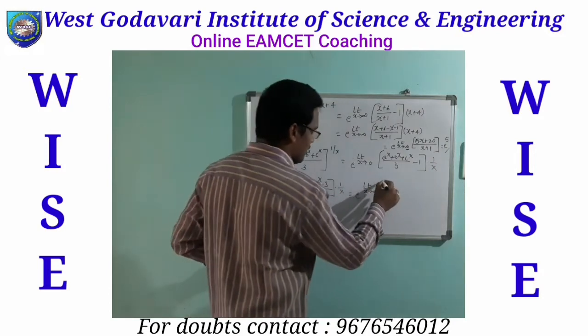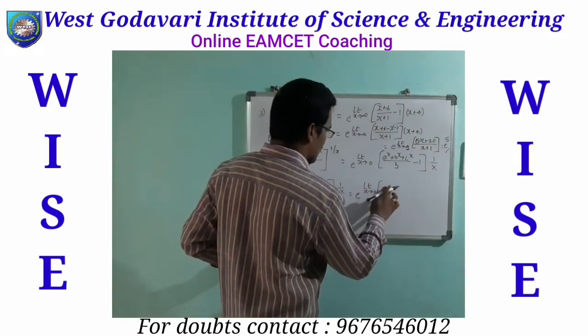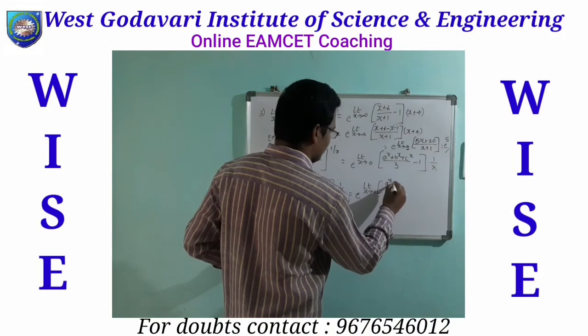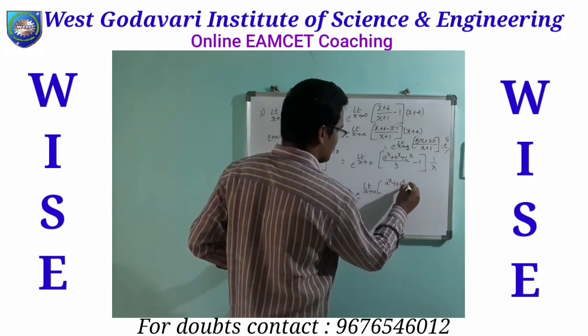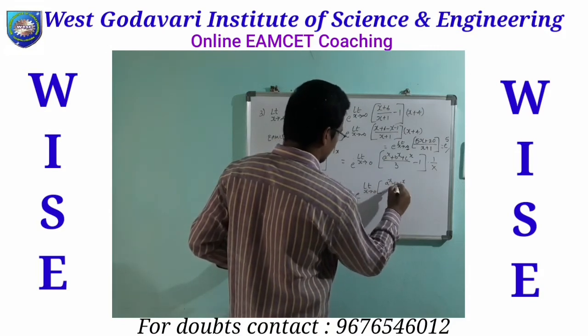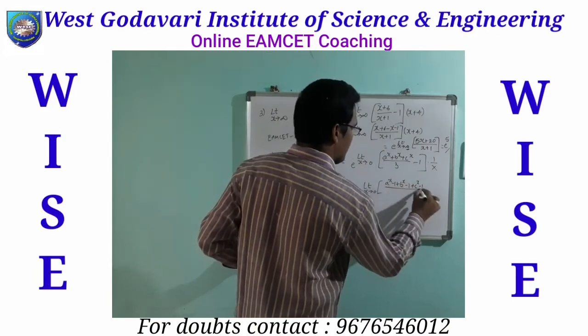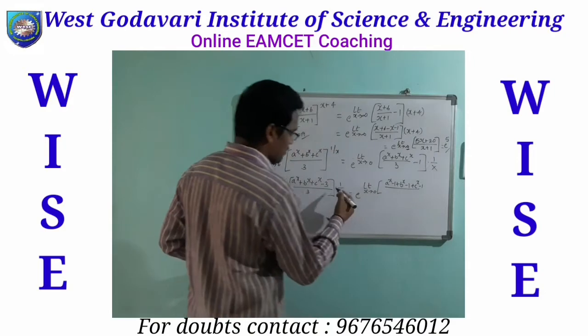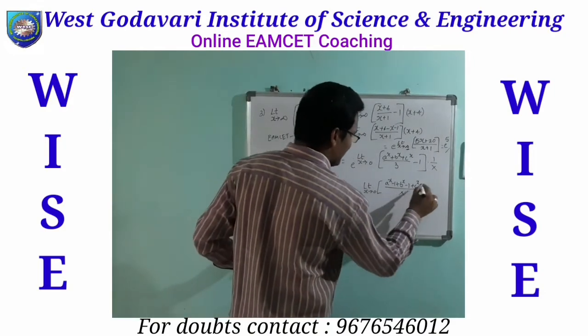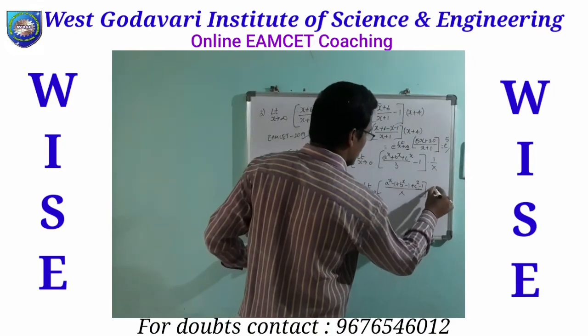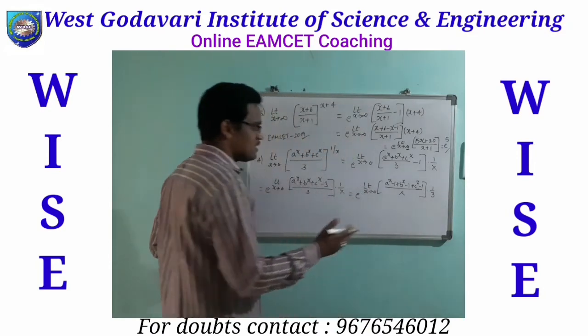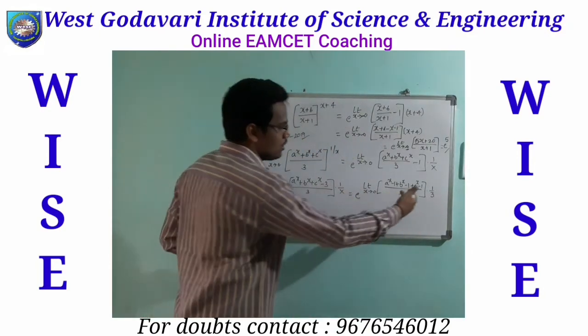We can divide the minus 3 into 3 parts. So a power x minus 1 plus b power x minus 1 plus c power x minus 1, and this 1 by x comes to the denominator x, into 1 by 3. So this 3 goes to a separate part.